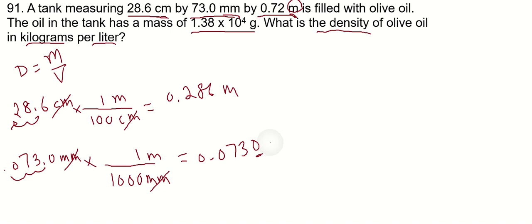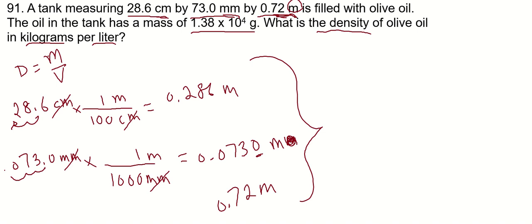That last zero is significant, although it's not going to matter because this number next here only has 2 sig figs. And the last side of this tank is given to us in meters, so nothing to do other than, there it is. I'm sorry, that's not millimeters. I'm trying to do this fast and kind of mess it up here. All right, that's meters, the second side.